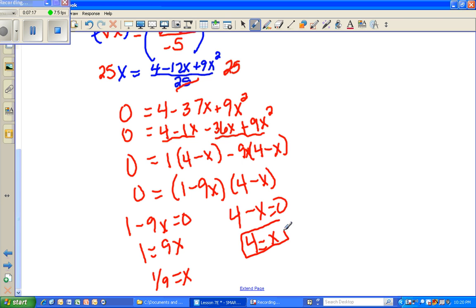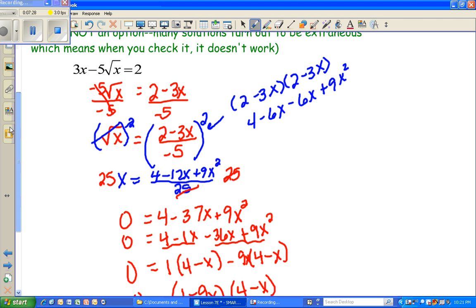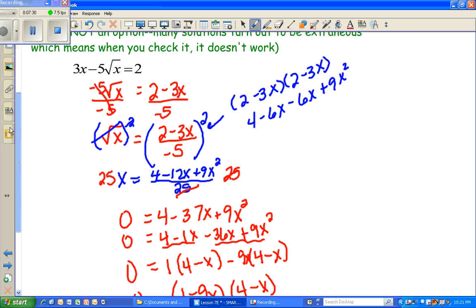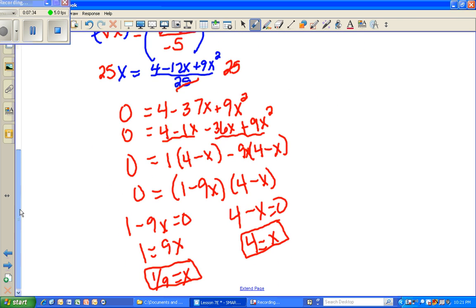So it's sometimes possible that you get two solutions, but before you absolutely commit to these solutions, you want to test them in the original problem, which was 3x minus 5 square root of x is equal to 2.